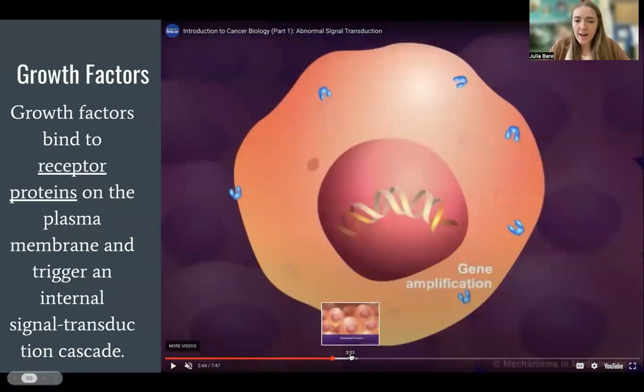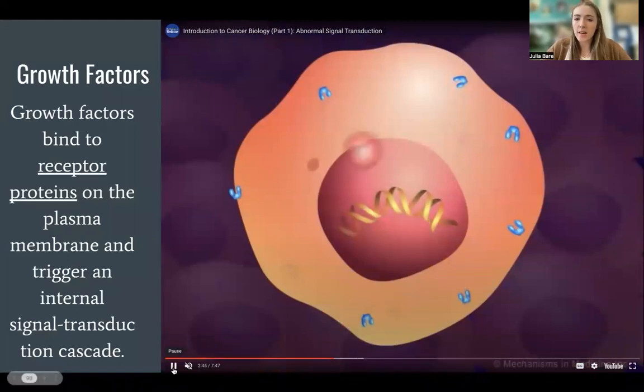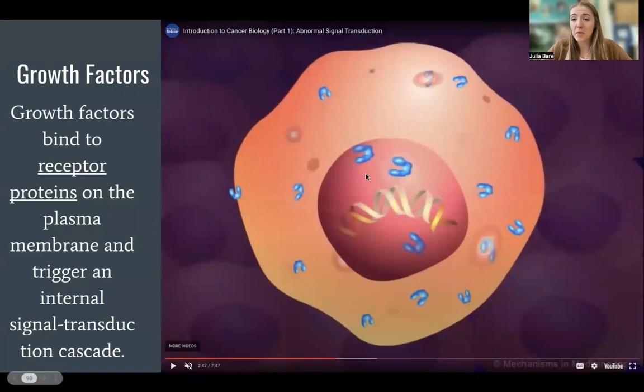There's further evidence that cancer cells have increased gene amplification of receptor proteins for growth factors. So during the process of cancer cell growth, it's actually going to multiply the amount of receptors. It's going to transcribe more receptors.